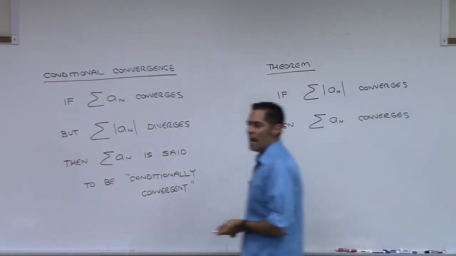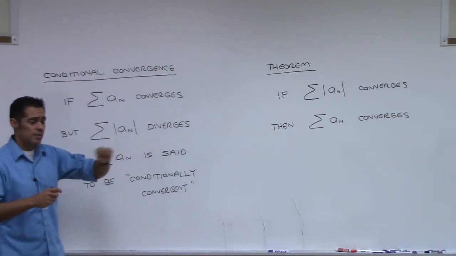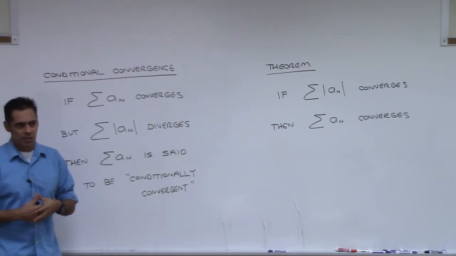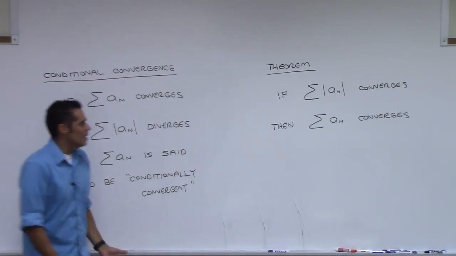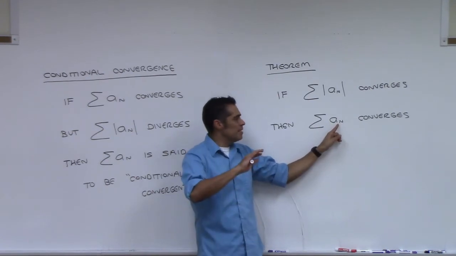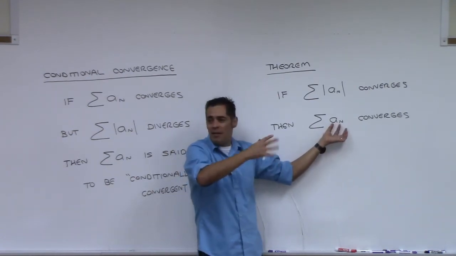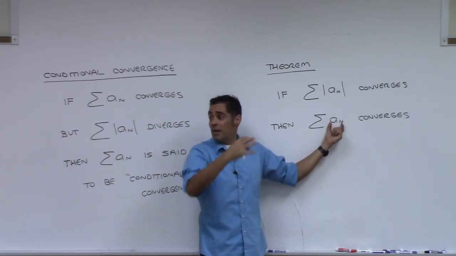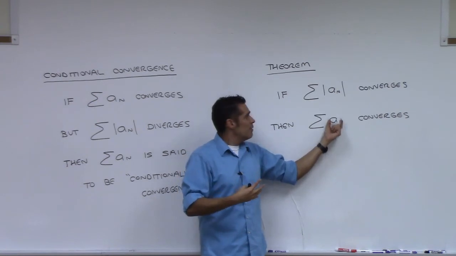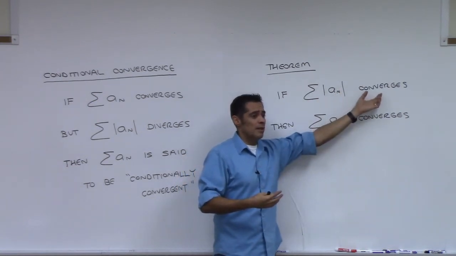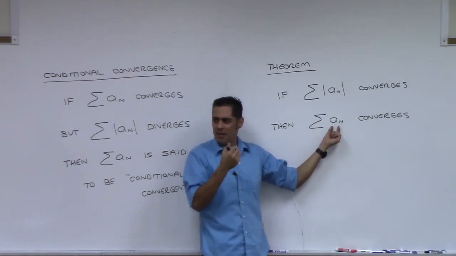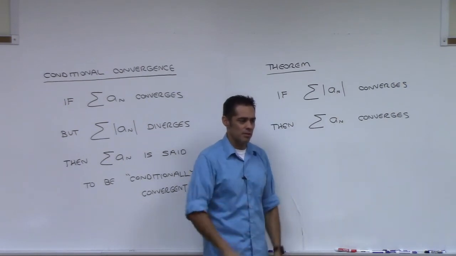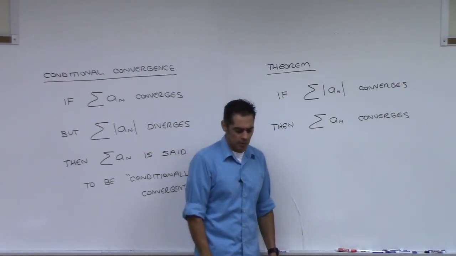It's impossible for the absolute value of a series to converge and then the series without the absolute value to not converge. I mean, just think about it. This series might have some things that are positive and negative, alternating. If we take the absolute value, you're making everything that was negative positive. And if we add all those up and we converge, then this with stuff taken away should also converge. This has got to be less than that, and so it has to converge. Make sense? Okay.